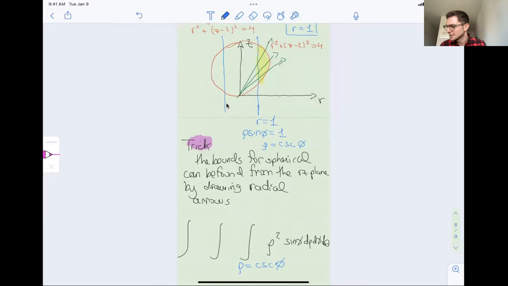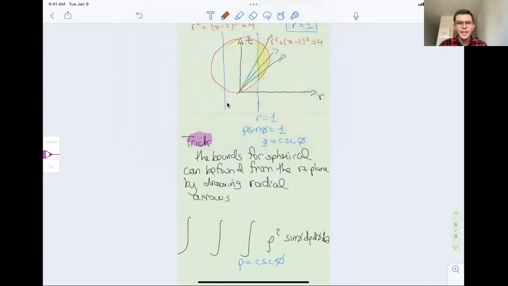So that's okay. And then where do they exit? As someone said, they exit through the equation of the sphere, right? But again, we need the equation of the sphere in spherical coordinates. We have the equation of the sphere in cylindrical, so we have to rewrite it in spherical. So this becomes r squared plus z squared minus 4z plus 4 equals 4, right? I'm just expanding out the (z minus 2) squared. Why do I do this?